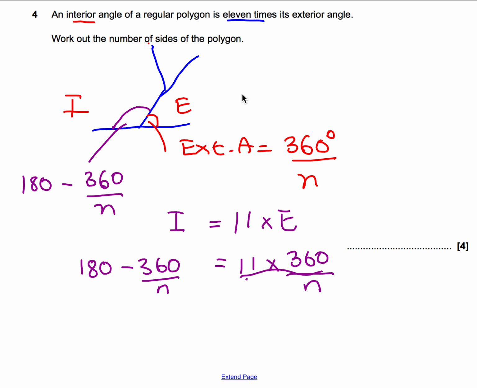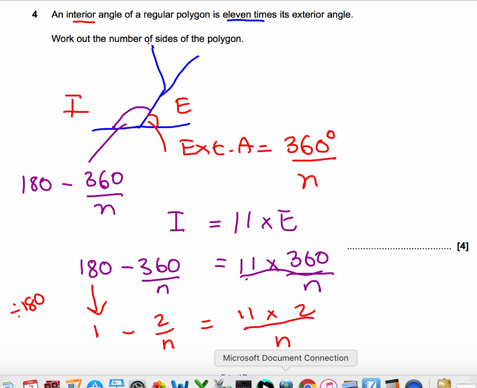Now I've identified that 180 is a common factor of 180, 360 and this 360, so I'm going to divide my entire equation by 180. So 180 divided by 180 drops me down to 1. 360 divided by 180 drops me down to 2. Now this 11 stays as it is, and this 360 gets divided by 180 also, which drops me down to 2, and it's all over n.